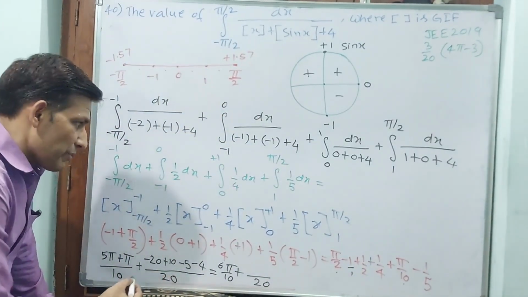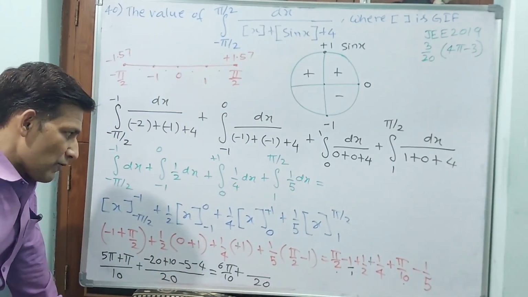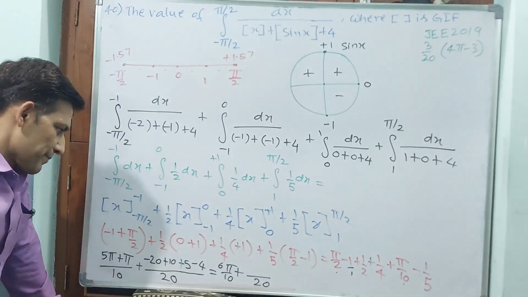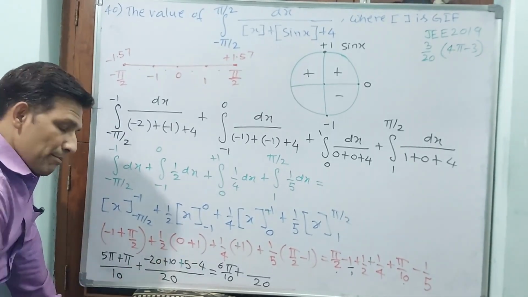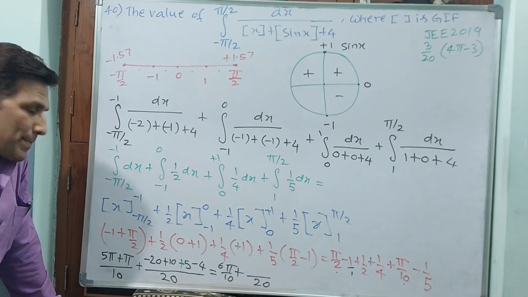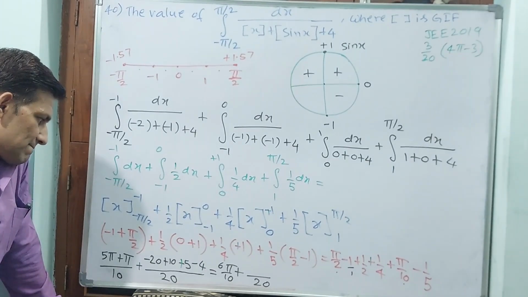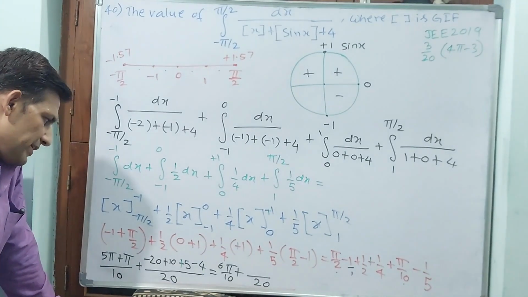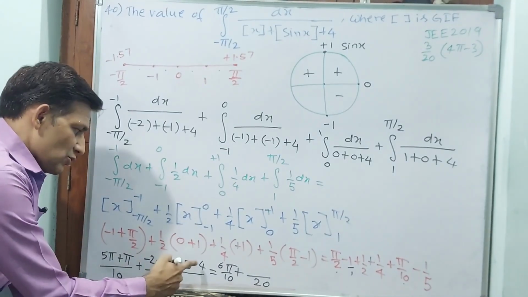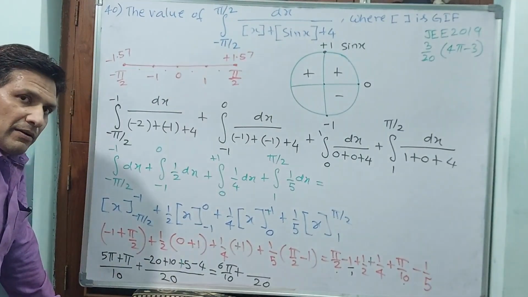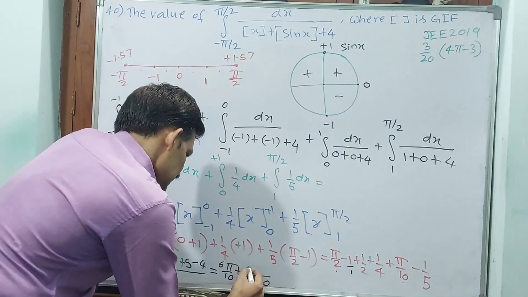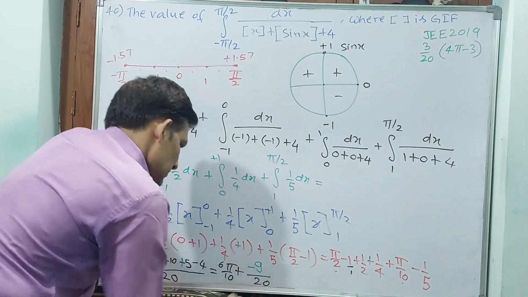Plus 1 by 4 means see 4 5 times, this is plus 5. Now see, 9 minus 24, sorry, plus 15. Minus 24 plus 15, minus 9. Okay, minus 9.